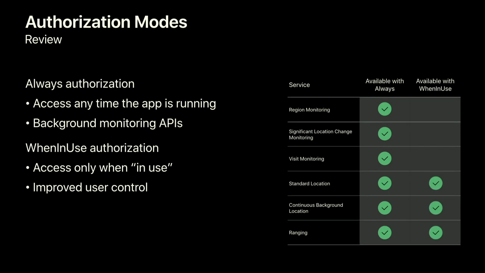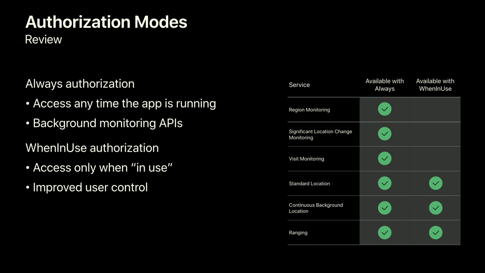The when in use authorization mode allows your app to access the user's location anytime your app is considered in use. Usually, if your app is in use, that means it's in the foreground, but that's not always the case.